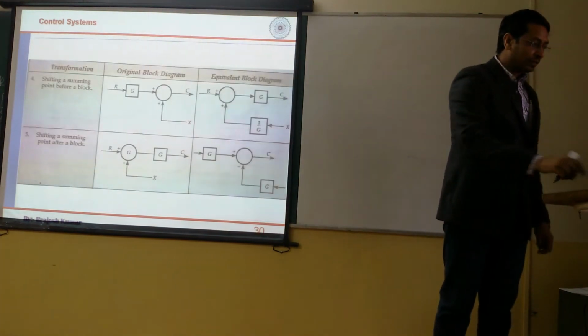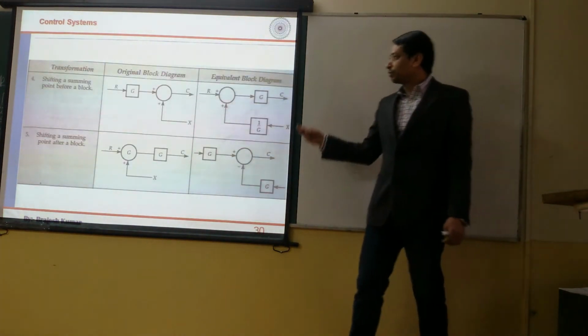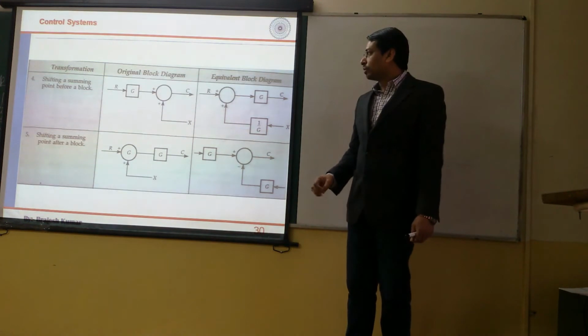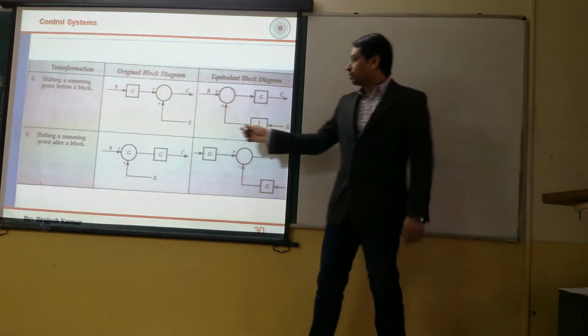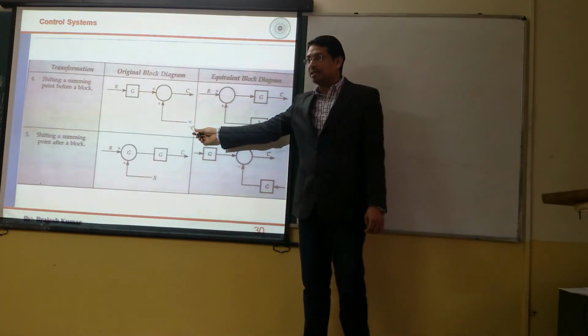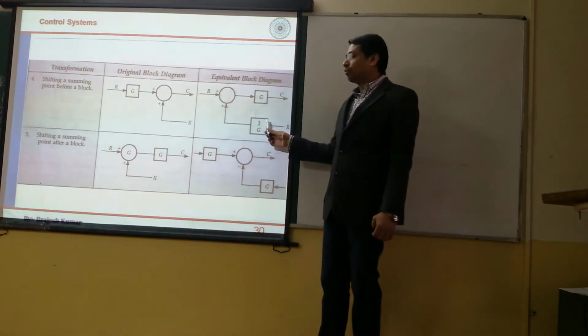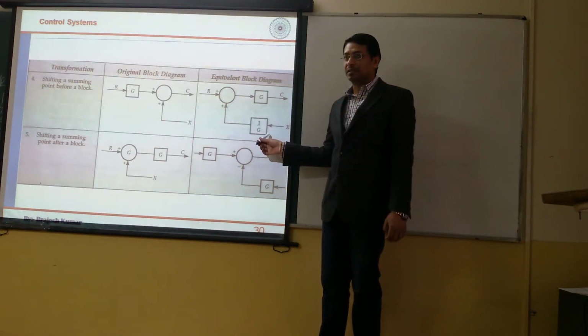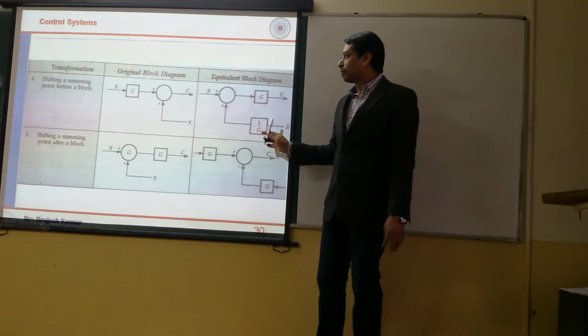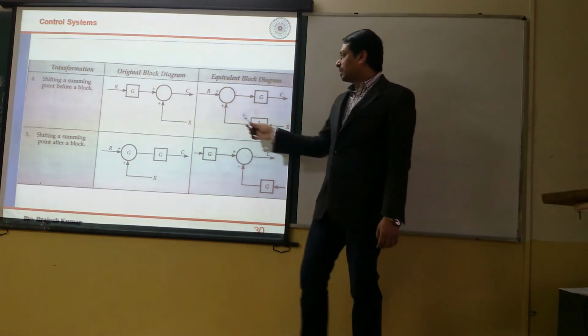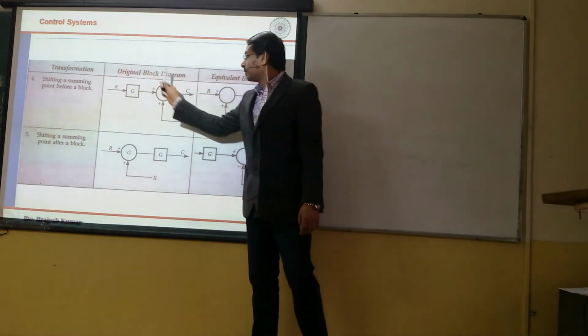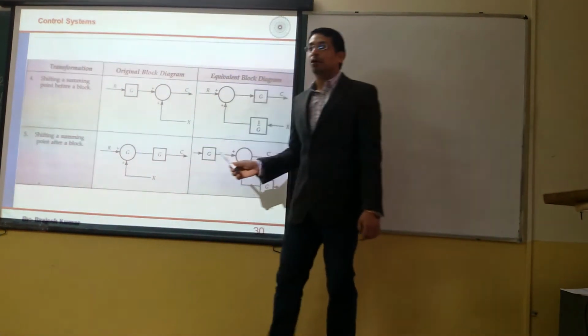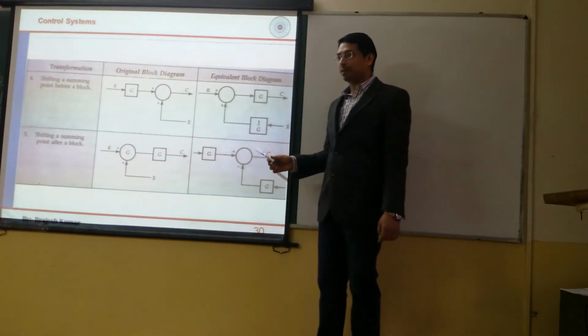Okay, now let us move further. This one is rule 4. Rule 4 says that whatever is in the left side configuration will be equal to the right side configuration. Can you verify it? What we are doing is shifting this summing point beyond the block.